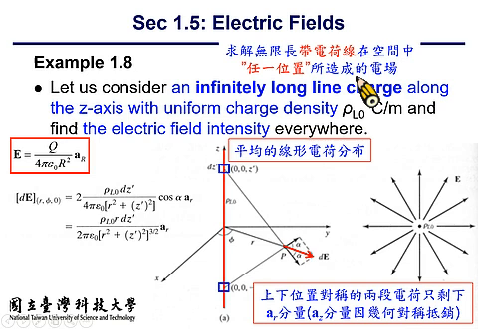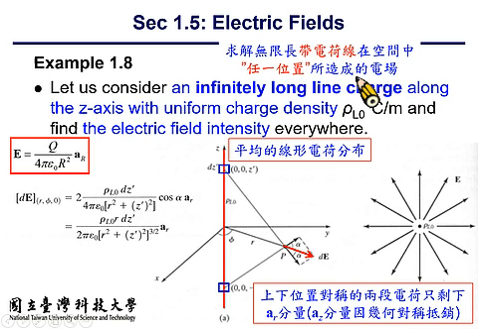Note that the z coordinate of this observation point can be chosen as 0, because the line is infinitely long. So it extends upward and downward infinitely.